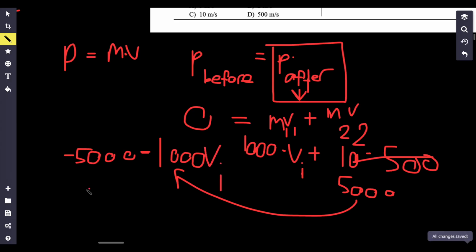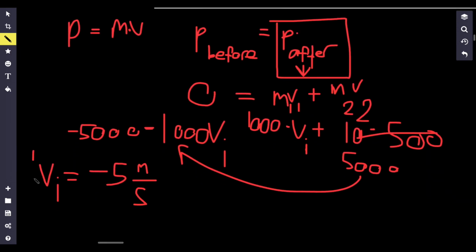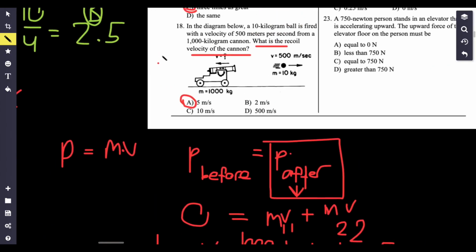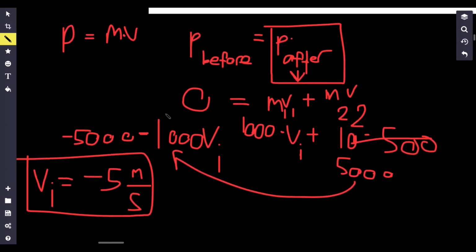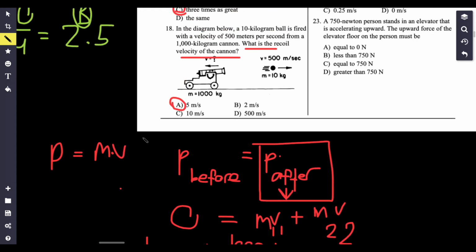If I divide by 1,000, I get that the velocity of my cannon is going to be negative 5 meters per second. And this makes sense because, of course, our cannon is moving backwards. So it makes sense that we got negative 5.